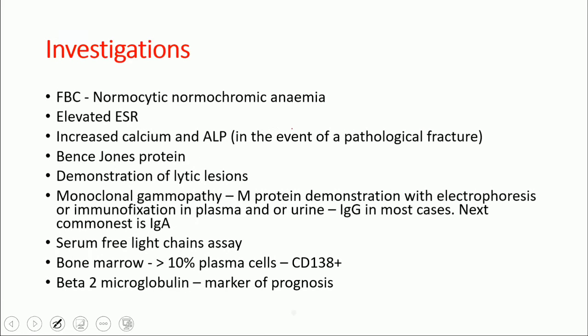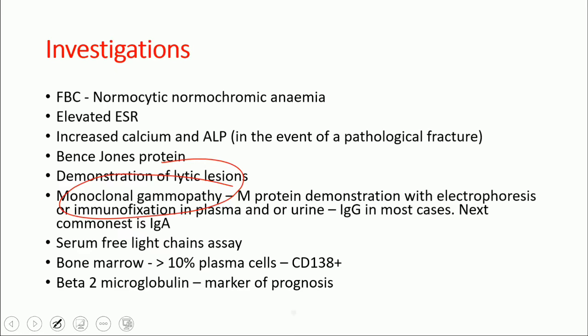Now, to diagnose this, bone marrow is the final thing that you do. But before that, you have to demonstrate, if possible, that there is a monoclonal gammopathy. The best way to do this is by electrophoresis or immunofixation. Immunofixation is better than electrophoresis and can give you much better results.